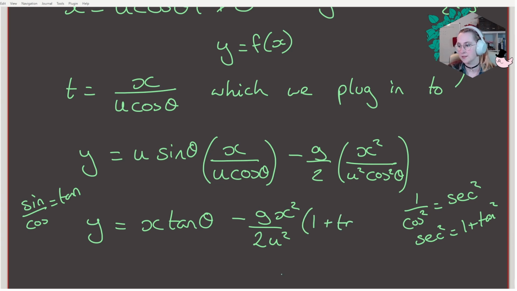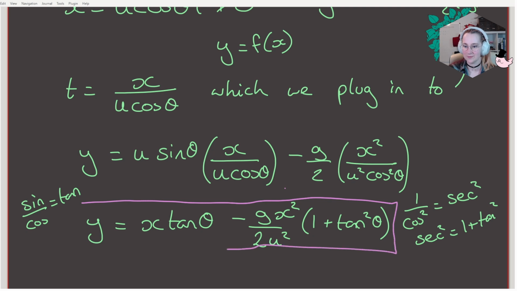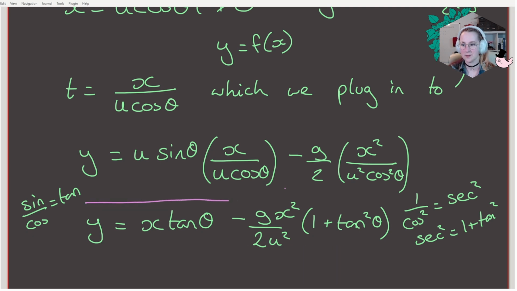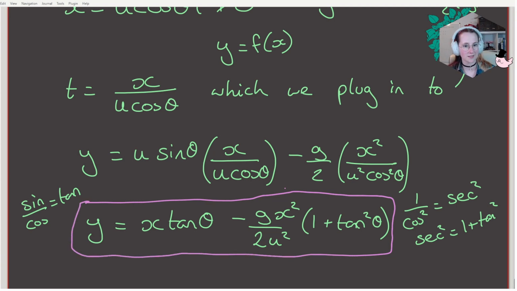So this gives us our equation for motion. We now have our y in terms of x.